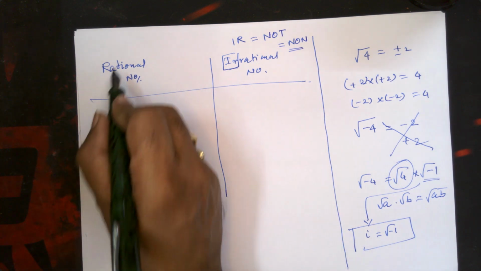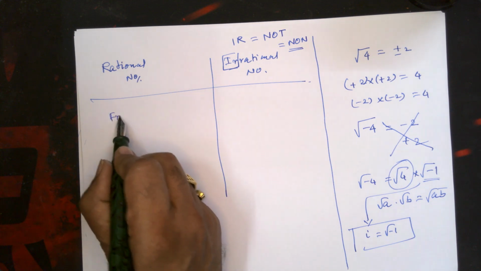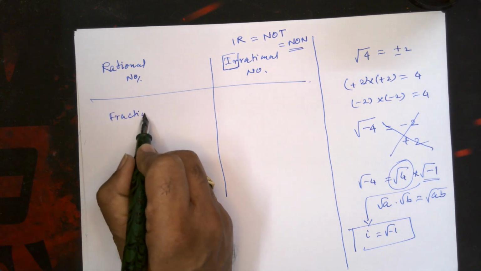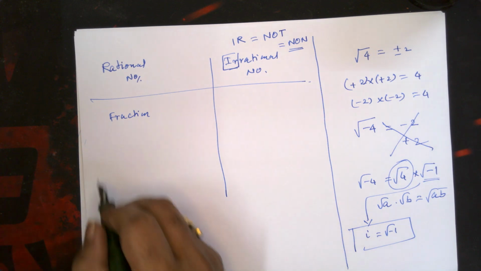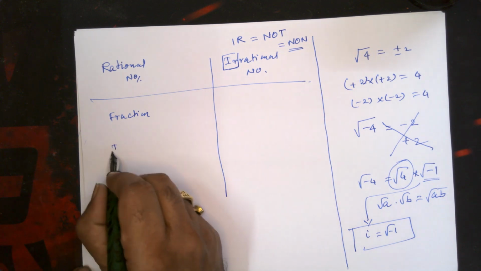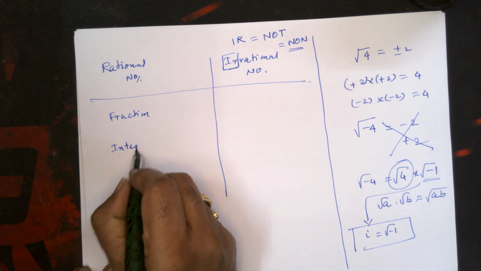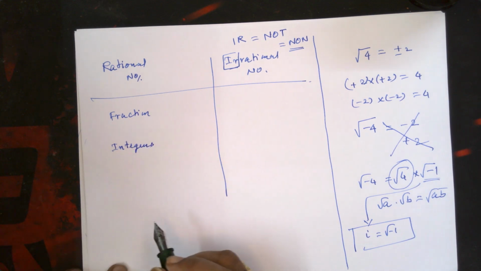For example, a rational number is a fraction. Write down: a rational number is a fraction. Rational numbers can be integers.